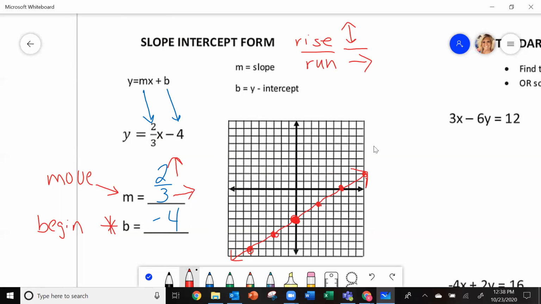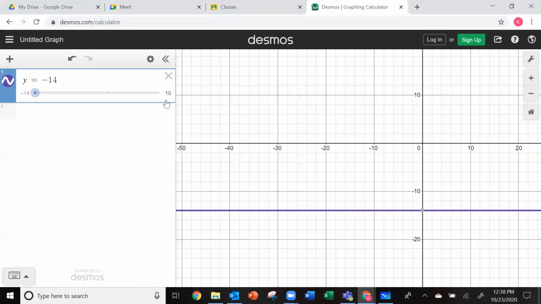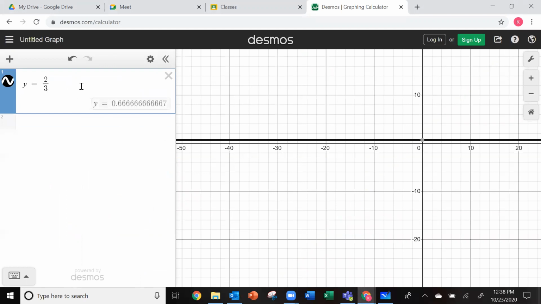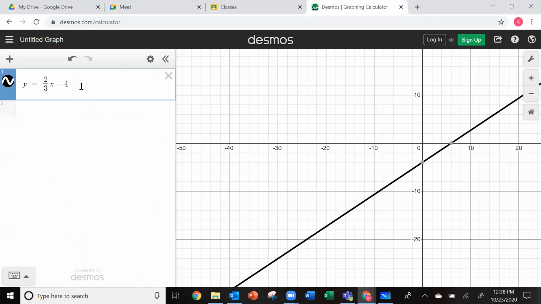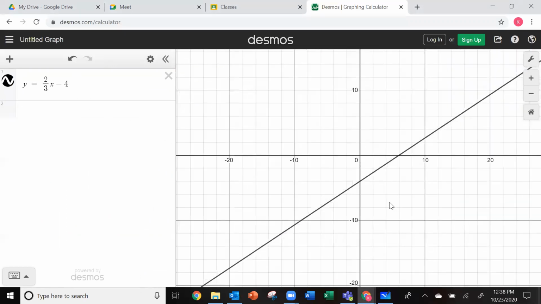If you want to make sure that you graphed it correctly, you could go into Desmos, your online calculator, and type that in there. Y equals, now to do a fraction, 2 and divide 3. It's going to make it the fraction for you. Arrow over and put the x and then -4. Then you can look right here to see if you graphed it correctly.